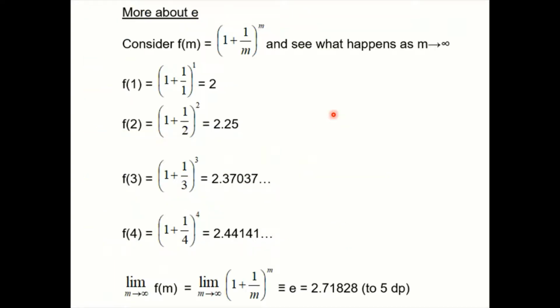If we look at this function and see what happens as m approaches infinity, we can start to get an idea of how we can use this in our economic analysis. So we have our function. We've got m here, and as m increases in value, here we show it going from 1 to 2 to 3 to 4, we can see that the value of the function also increases.